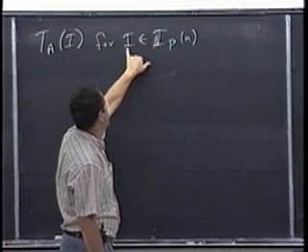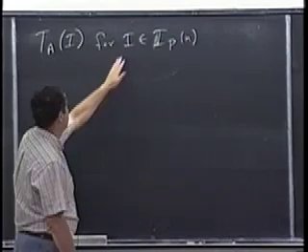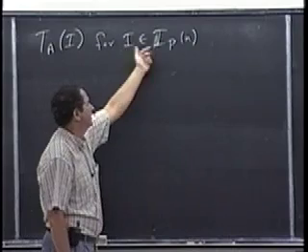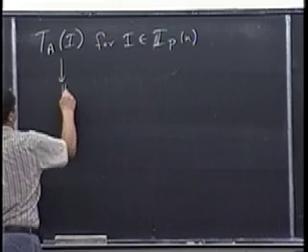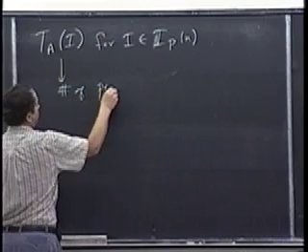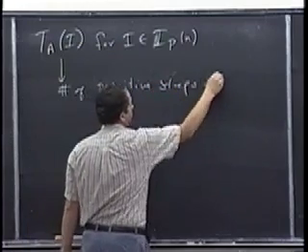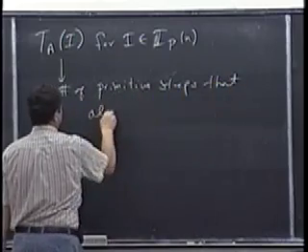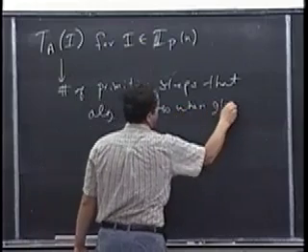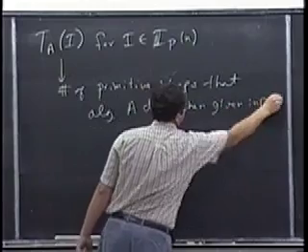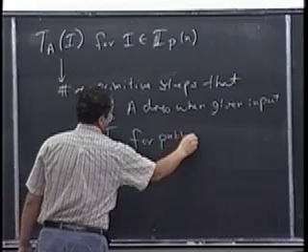It's a list or a set of size n. And then this notation is the number of primitive steps, and I'll talk about primitive in a minute, that algorithm A does when given input I, and it's for problem P.